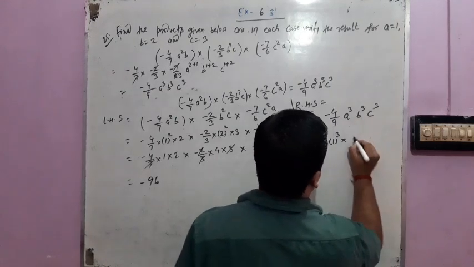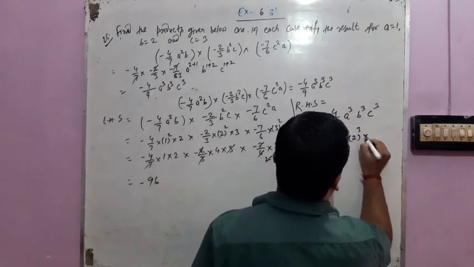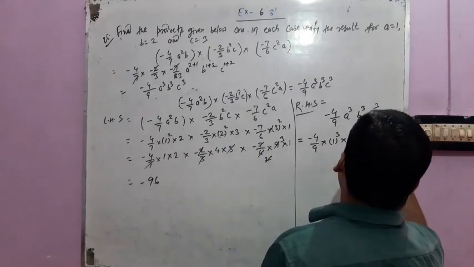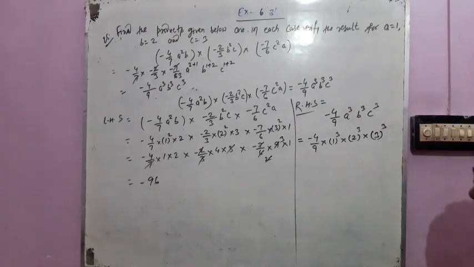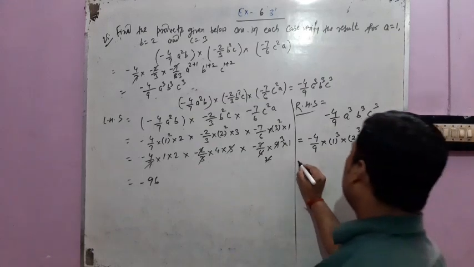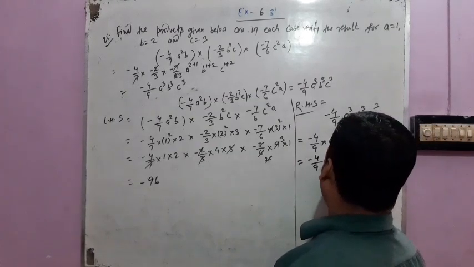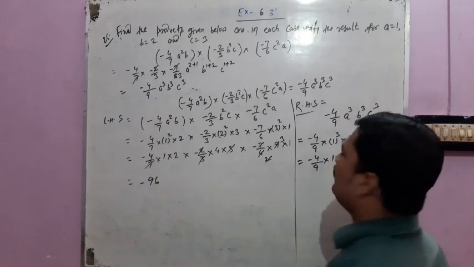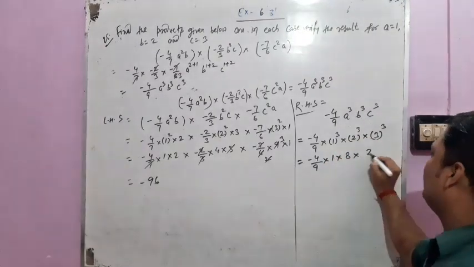For the cube of B, we take the cube of 2 because the value of B is 2. And for the cube of C, we take the cube of 3 because the value of C is 3. Continuing, minus 4 by 9, the cube of 1 is 1, the cube of 2 is 8, and the cube of 3 is 27.